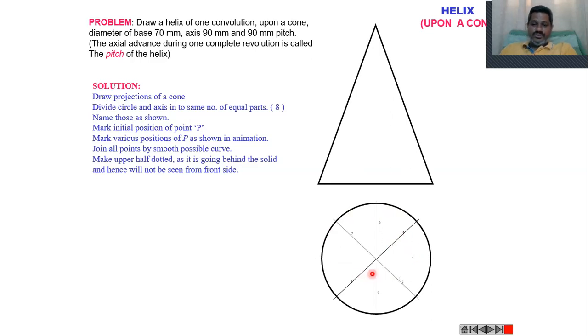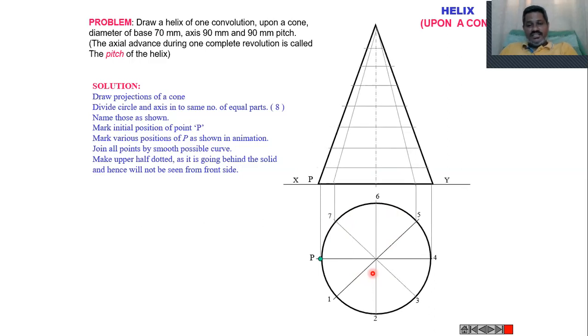Then divide the top view into a convenient equal number of divisions. Then name all those points as 1 to 8 like this, and locate the starting location of the tracing point. Then project the divided points onto the cone like this.